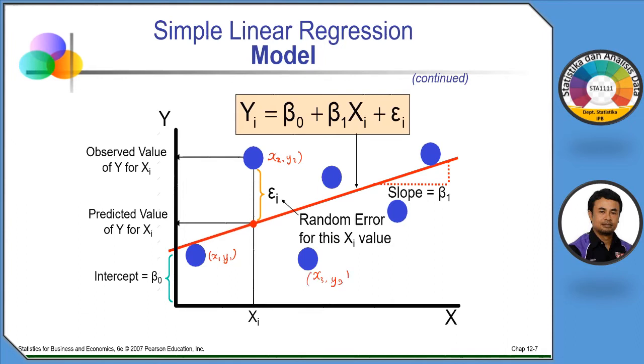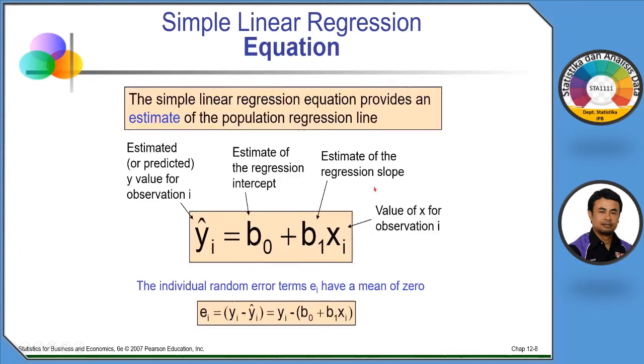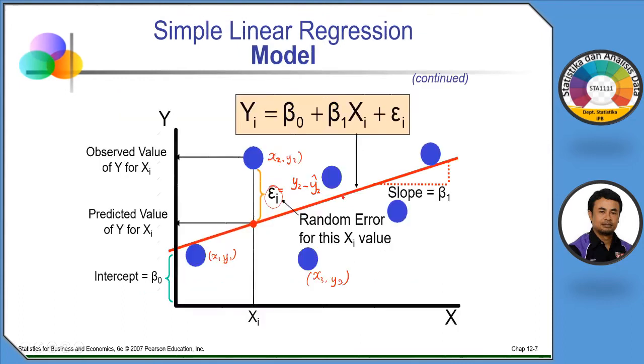So the error term, the random error, is the distance between y2 minus y2 hat. So there is a distance here. We call it the random error. If the total distance of each point to the line is minimum, then what we find is the best line to represent our scatter plot. That is the method that we call ordinary least square.